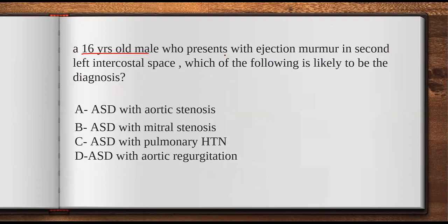A 16-year-old male who presents with ejection murmur in the second left intercostal space. Which of the following is likely to be the diagnosis? So you have got a 16-year-old male.